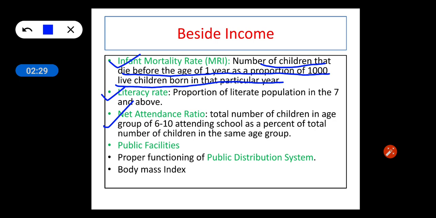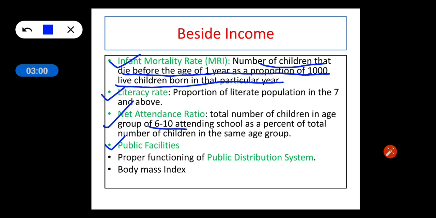Net attendance ratio: children in the age group of 6 to 10 years, if they are attending more school as compared to other regions, then the region is doing well in terms of development. All right. Public facilities are facilities that are provided by the government at a cheap rate and are available to all.